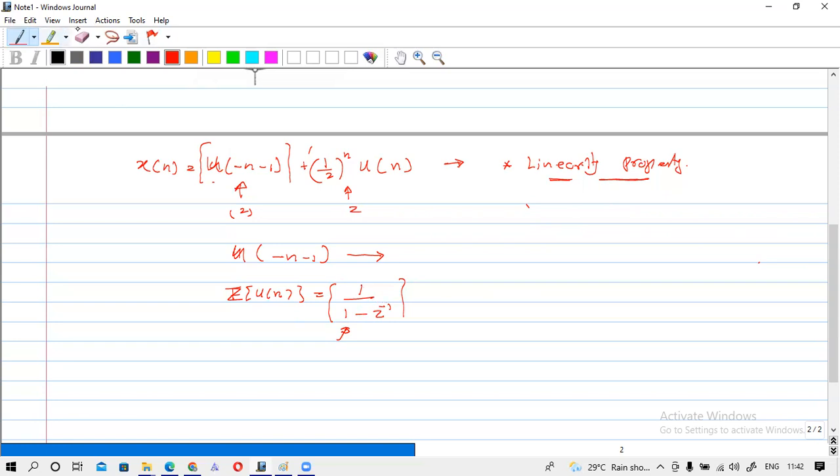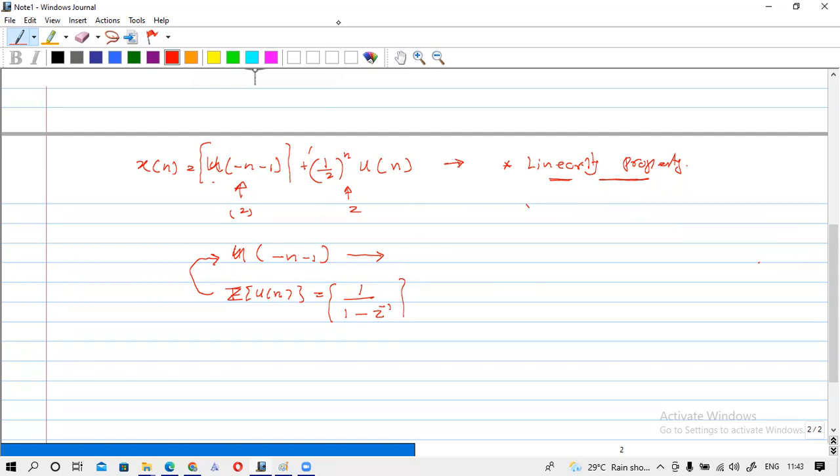Now, using this result, I will try to evaluate this one directly. So can anyone tell me what properties I should use to evaluate u minus n minus 1 from un?